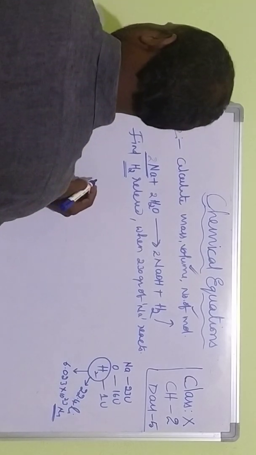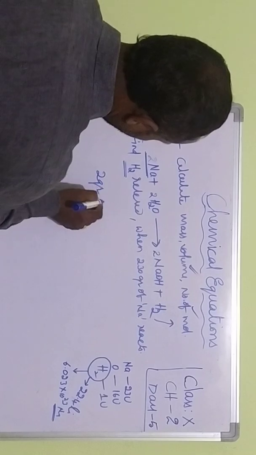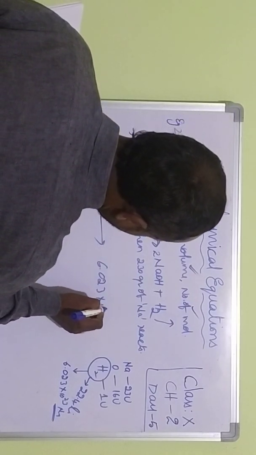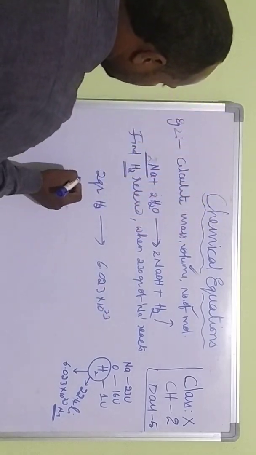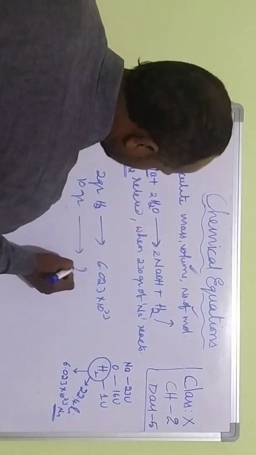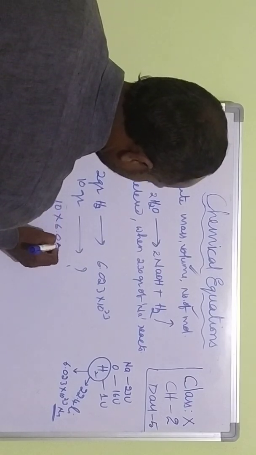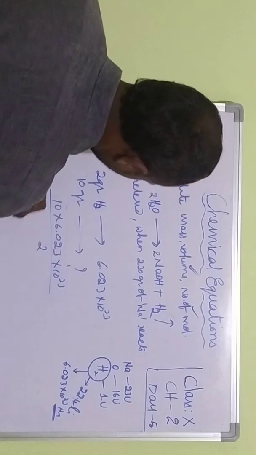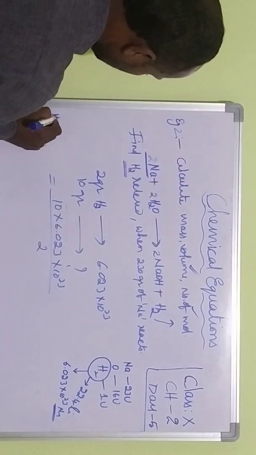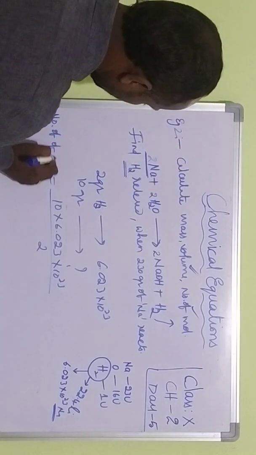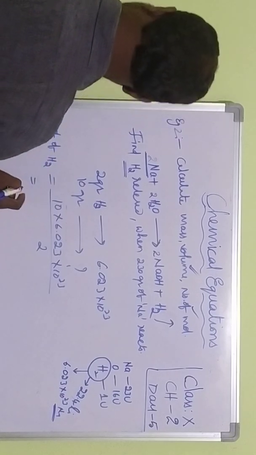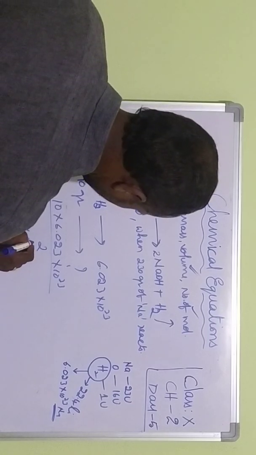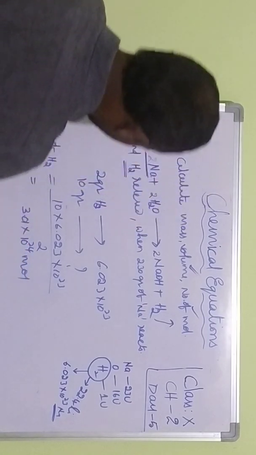2 grams of hydrogen gives you 6.023 into 10 to the power of 23 molecules. Then 10 grams of hydrogen, how much? Same, 10 into 6.023 into 10 to the power of 23 by 2. Then you can find the number of molecules of hydrogen, 3.01 into 10 to the power of 24 molecules of hydrogen.